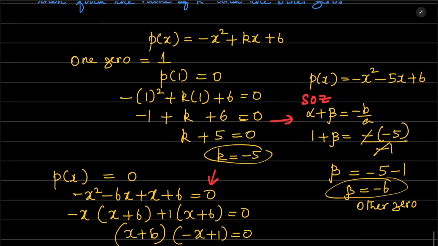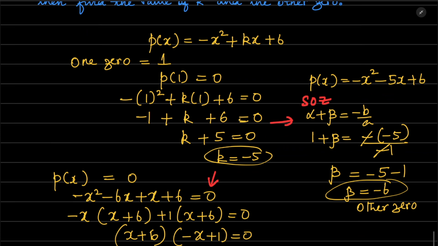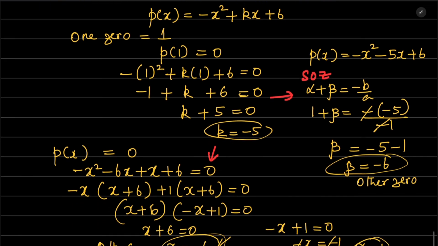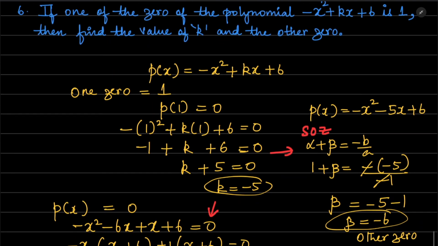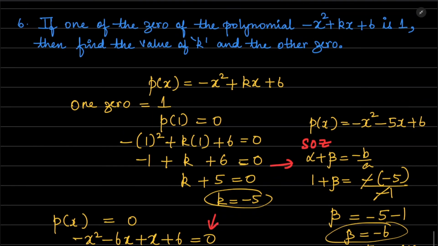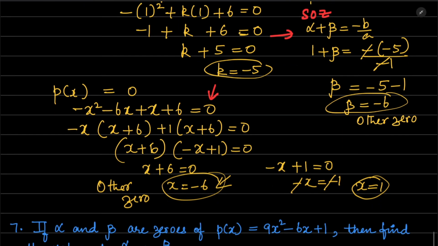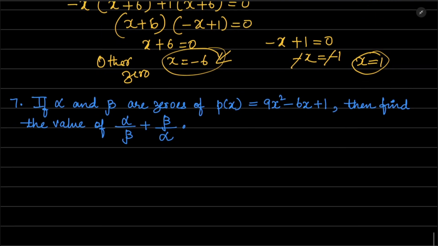Either sum of the zeros, because one zero is given to you and you have already found out the polynomial, you can find it using the formula alpha plus beta equal to minus b by a, or do the middle term splitting and find both the zeros, and you can match which zero is given to you and which one you have to find. So either way it is correct.